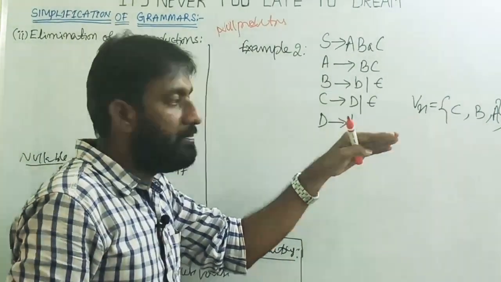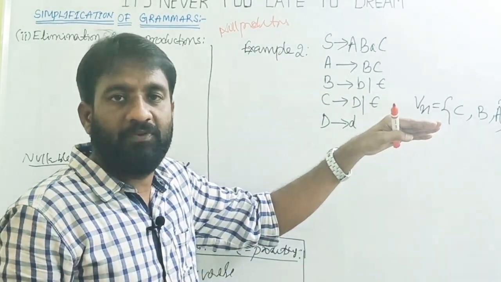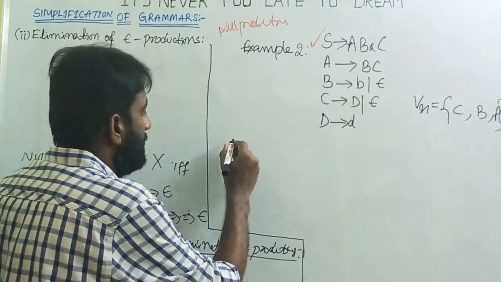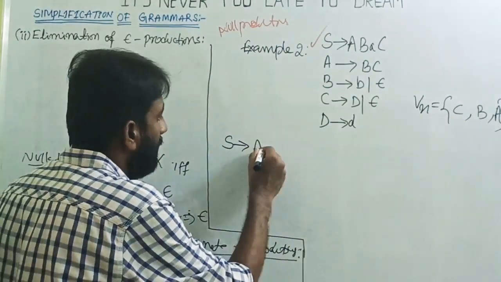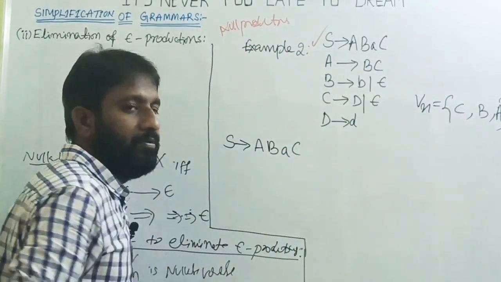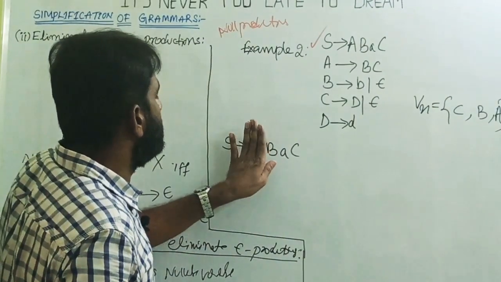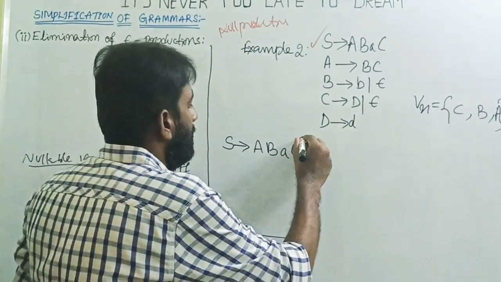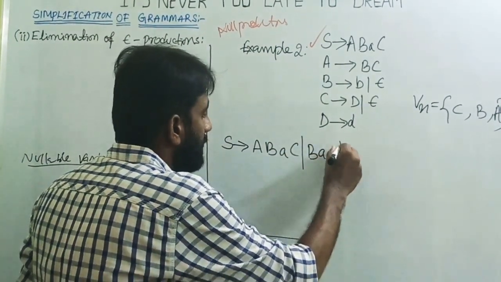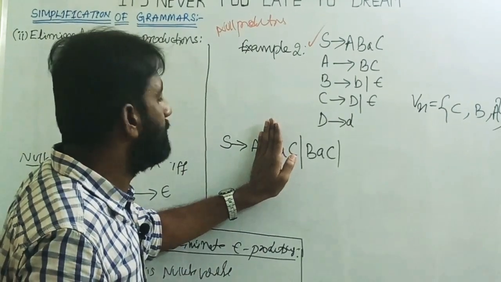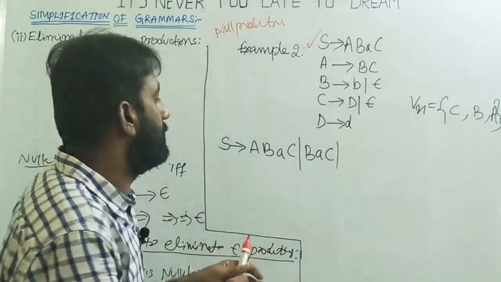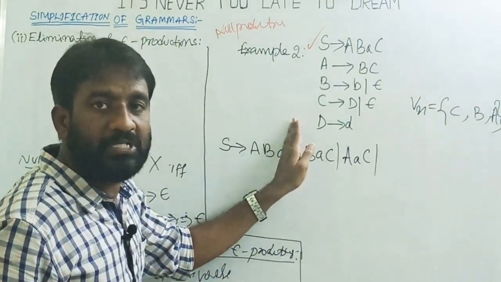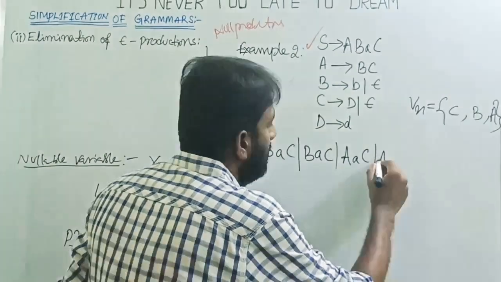Then remove these null variables along with their productions from the grammar. Take the starting production, S tends to ABC. First replace A with epsilon. If I replace A with epsilon, what is remaining? BC only. Then if I replace B with epsilon, what is the result? AC only. If I replace C with epsilon, what is the result? AB only.